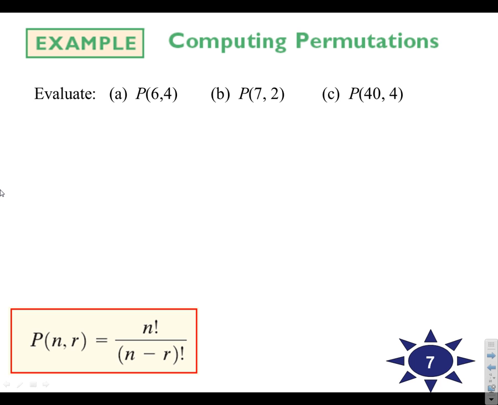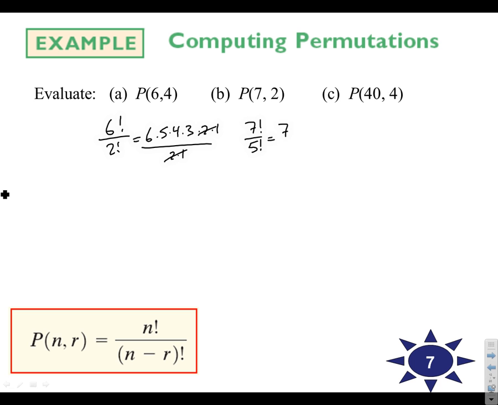Okay, so a couple to plug in here. P6, 4. So this is going to be 6 factorial over 6 minus 4 is 2 factorial, which is 6 times 5 times 4 times 3. And we would stop there because the 2's would cancel. P7, 2 would be 7 factorial over 5 factorial.